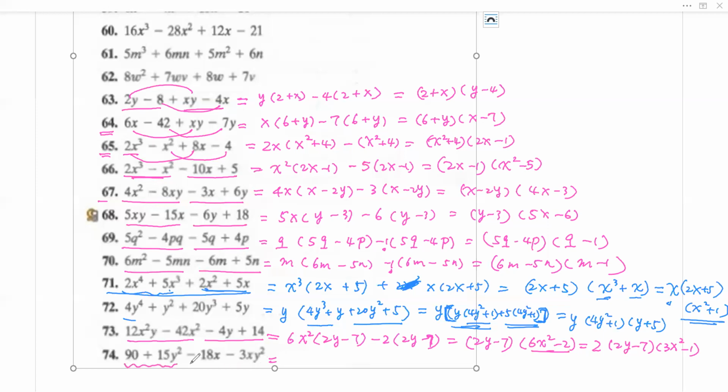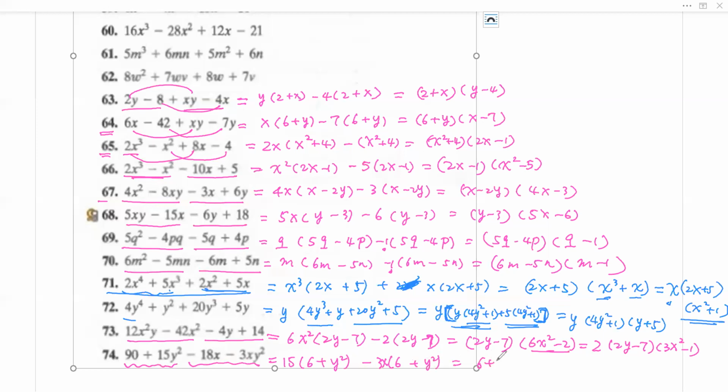All right, last one, 74. Let's group it like this, because both negative, both positive, right? All right, so see this one. So 15 is their greatest, right? 6 plus y squared, right? So next one is -3, x is the common factor as well, right? Take x out, 6 plus y squared.